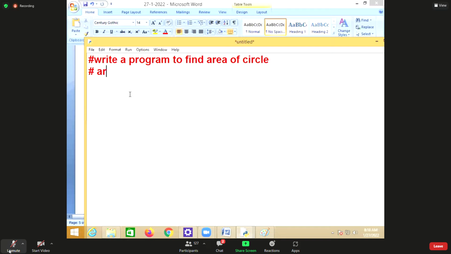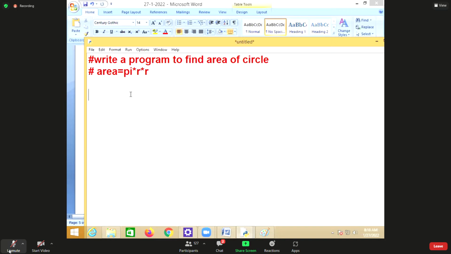What is the formula for the area? Equal to pi r square, right? Pi r square, so pi into r into r. So you can write it like this, or you can use r square.